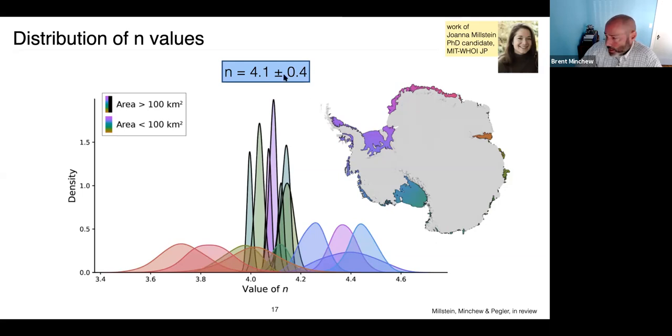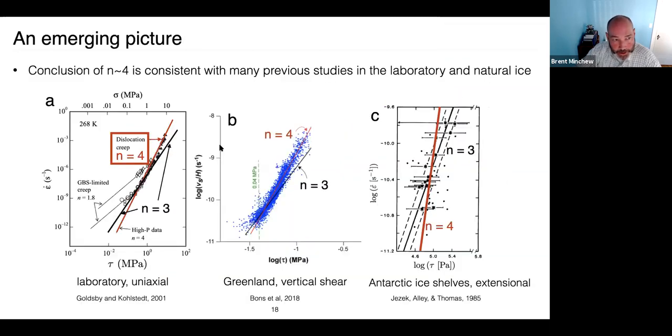We get a broad-scale uncertainty of n equals 4, plus or minus around 0.4. So that's a fair bit higher than the n equals 3 that we would typically assume within ice flow models.